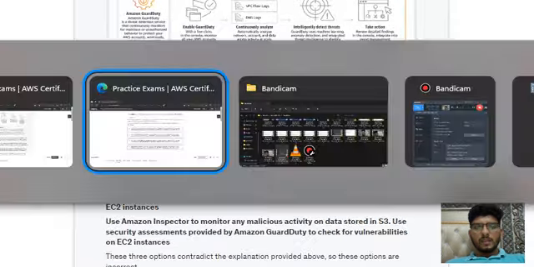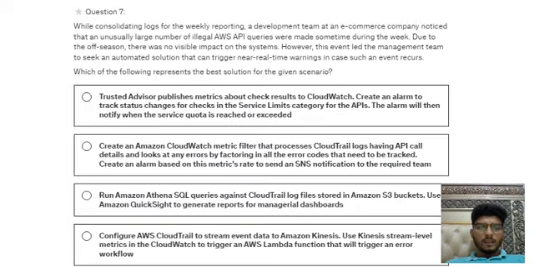Fine. Moving ahead to question 7. While considering the logs for the weekly report, a development team at an e-commerce company noticed that an unusually large number of illegal AWS API queries were made sometime during this week.